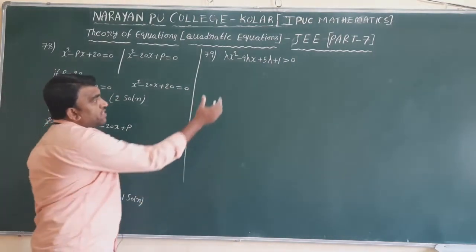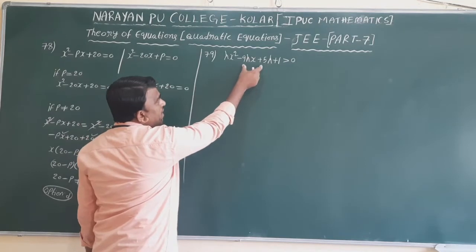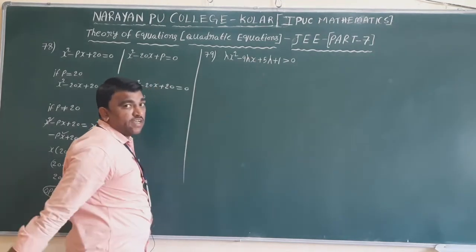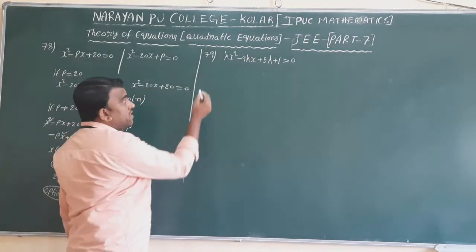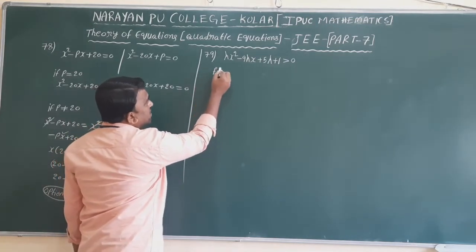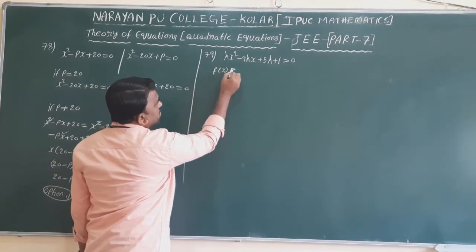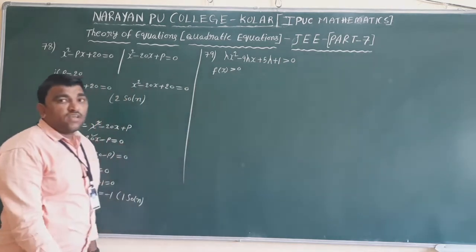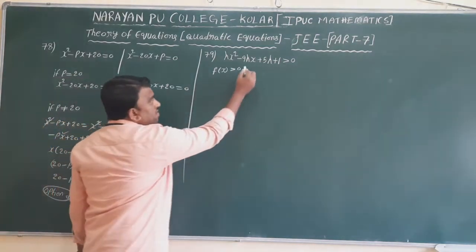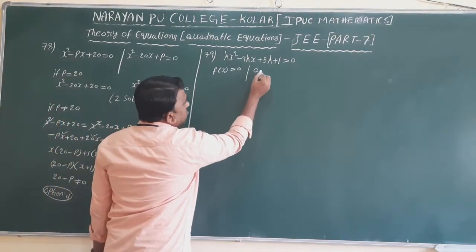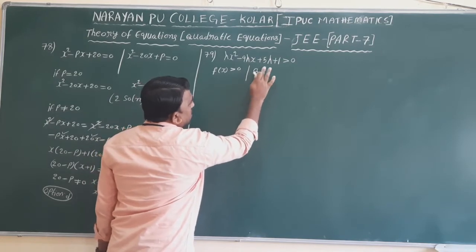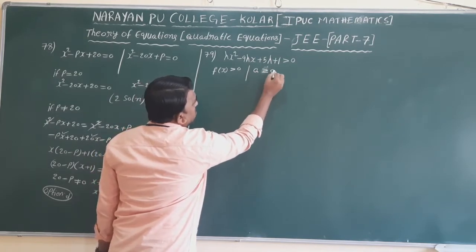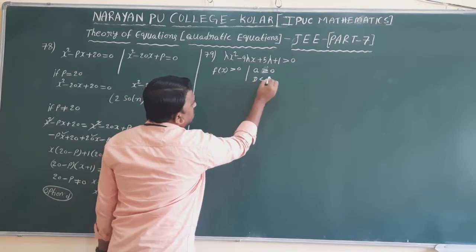So here it is completely f of x. If you take from the graph, we studied that whenever f of x is greater than 0, a is greater than or equal to 0 and the discriminant is less than 0.